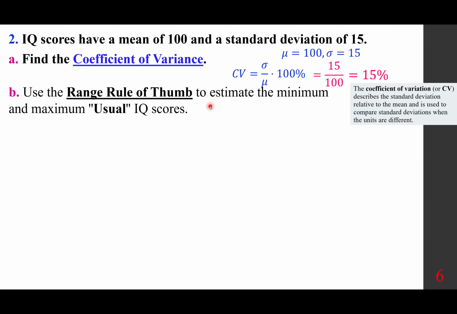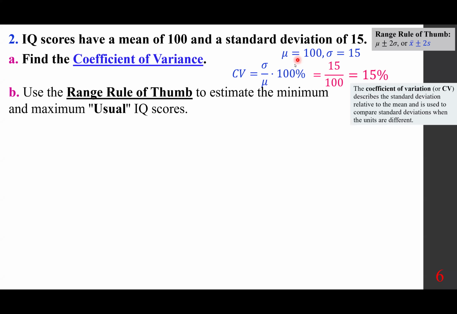Use the range rule of thumb to estimate the minimum and maximum usual IQ scores. So range rule of thumb and usual. According to stats, range rule of thumb means mu plus minus 2 sigma or x bar plus minus 2s, meaning start from the mean, go 2 standard deviations to the right and 2 to the left.